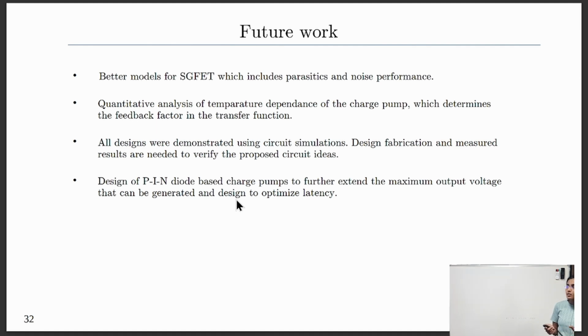All the results presented were circuit simulations in Cadence. We have submitted a proposal again this year, so we plan to fabricate and measure the results. Also, to further extend the output voltage generated by the charge pump, we can use a PIN diode based charge pump, and those should also be designed to optimize the latency.